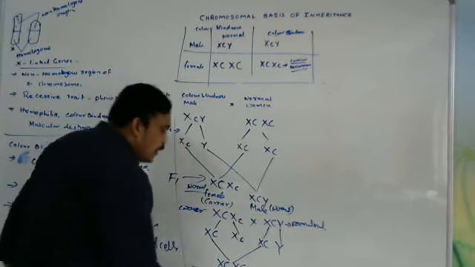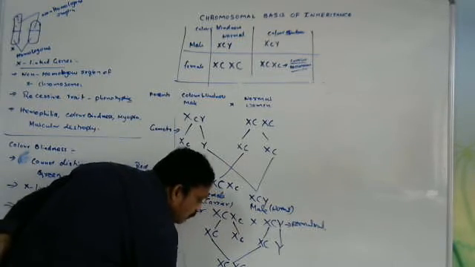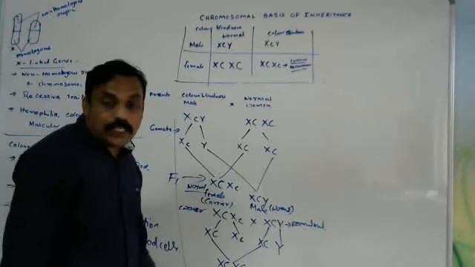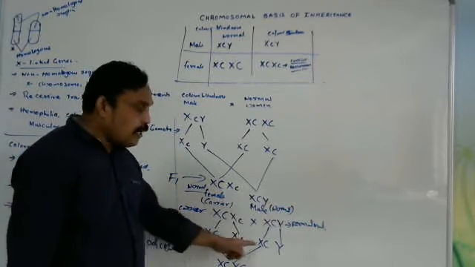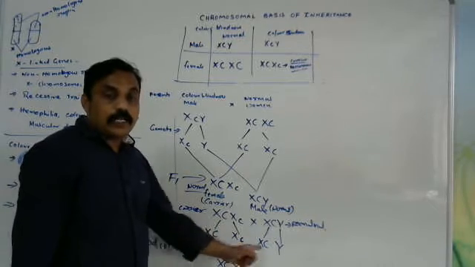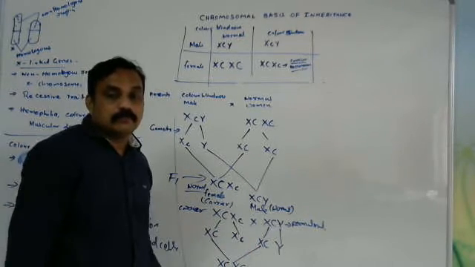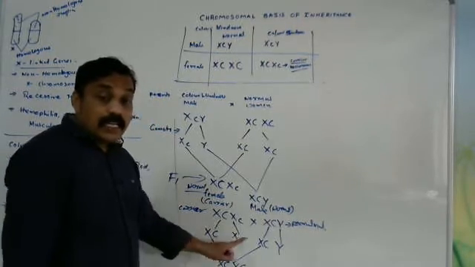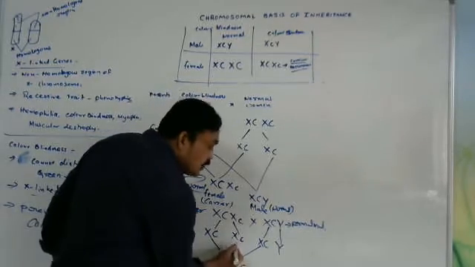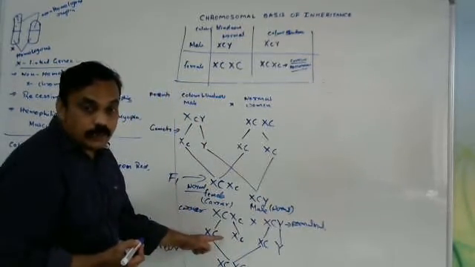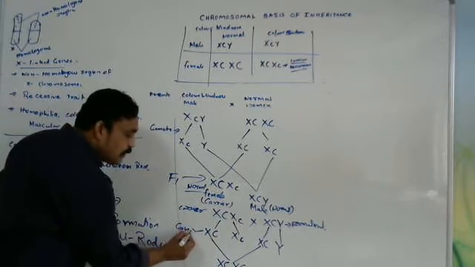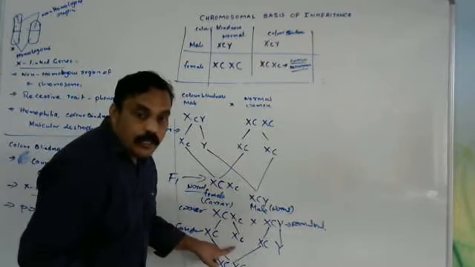Now this X capital C reacts with X capital C, giving X capital C, X capital C. That means XX, a female. She is a normal female, because in the gamete formation only dominant gametes combined in the zygote. Next, one gamete carries the recessive trait.